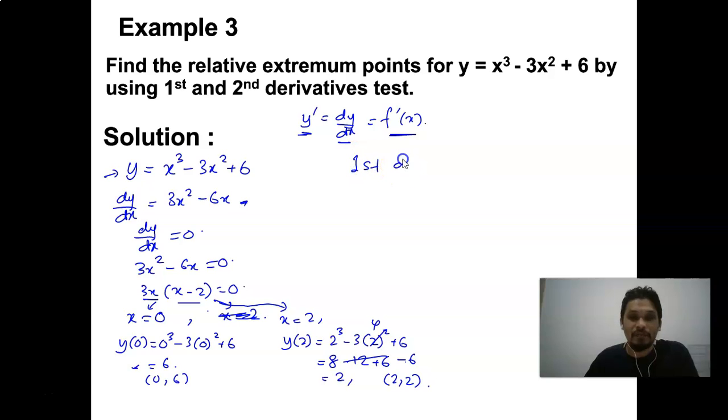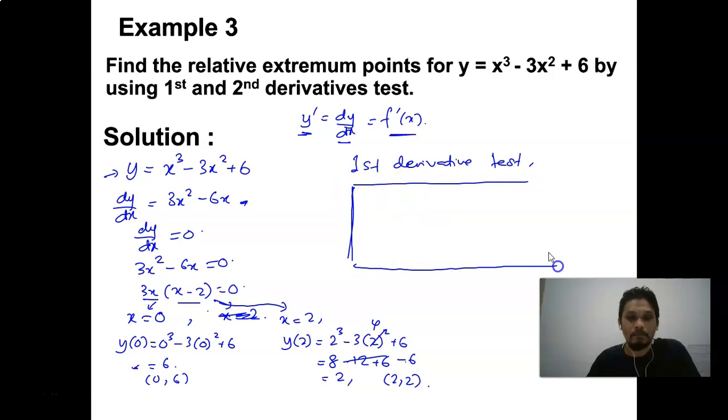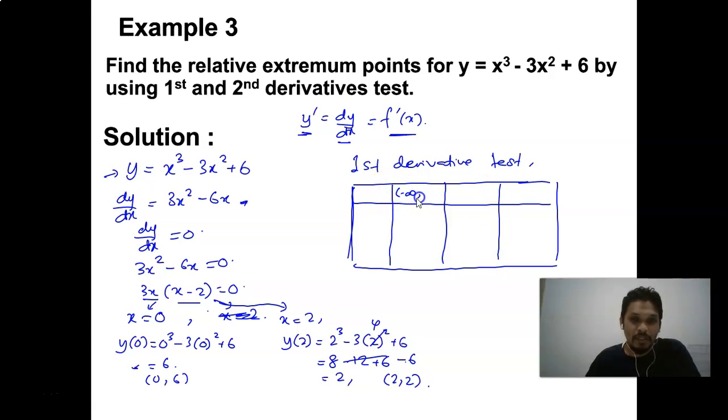Using the first derivative test, I divide it into three parts: negative infinity to 0, where x equals 0, then 0 to 2, and 2 to positive infinity.